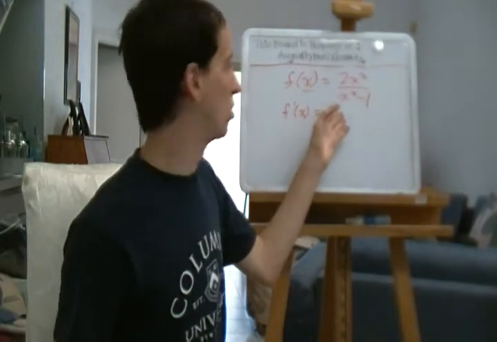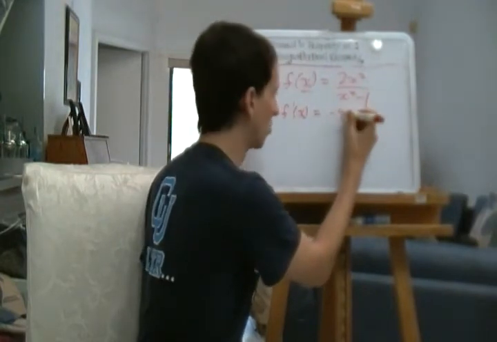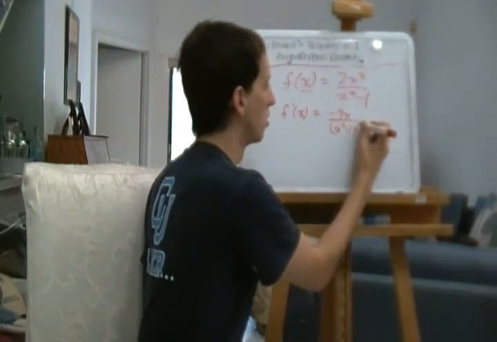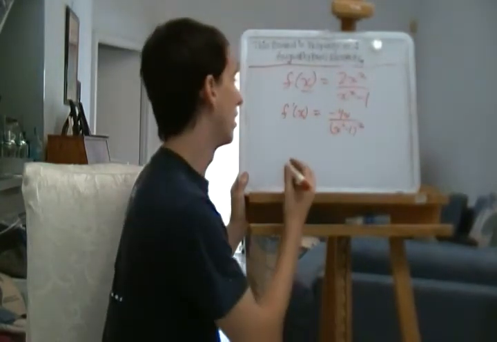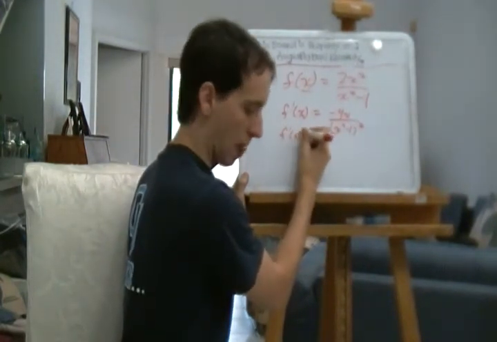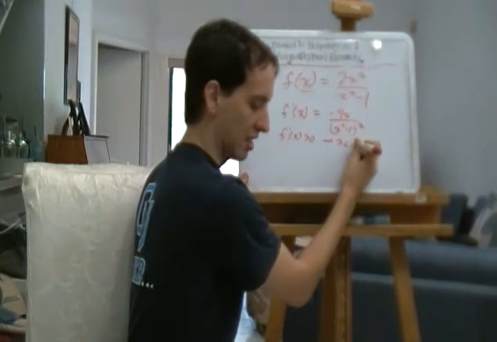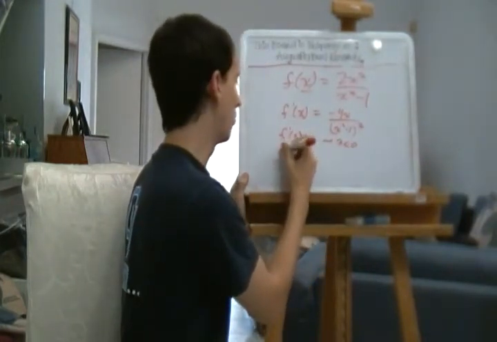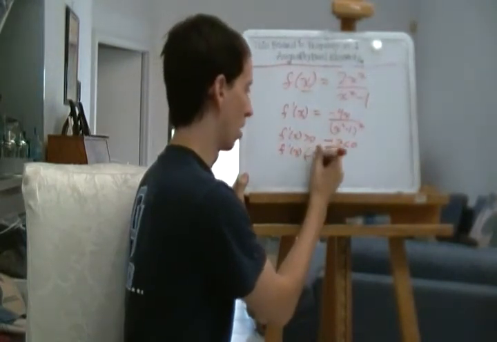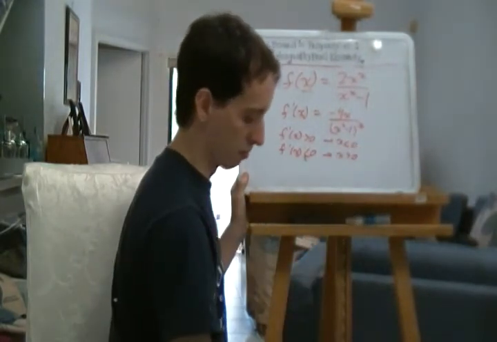If you use the quotient rule here, you'll figure out that the derivative is negative 4x over x squared minus 1, squared. And what you can realize there is that f prime of x is greater than 0 when x is less than 0, and f prime of x is less than 0 when x is greater than 0.